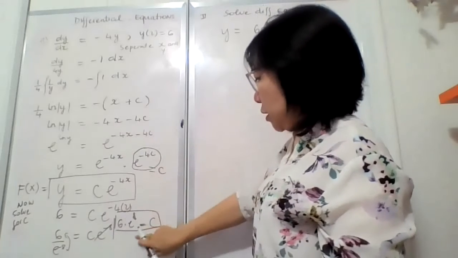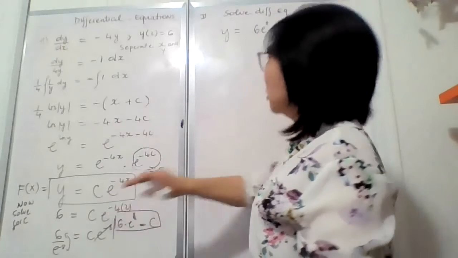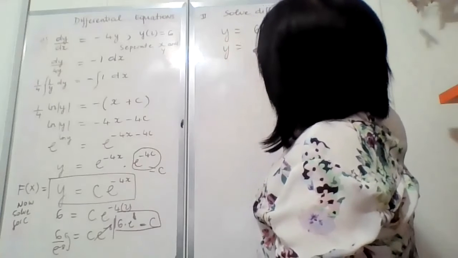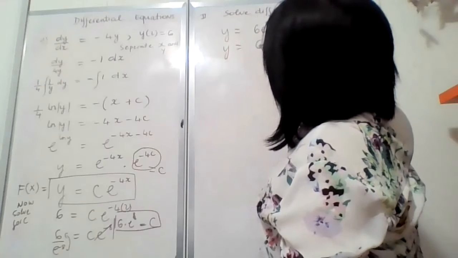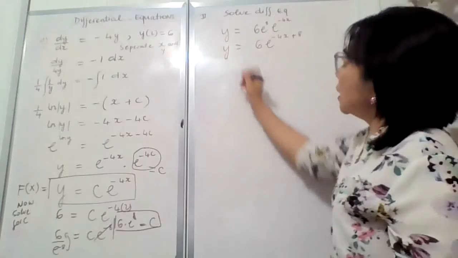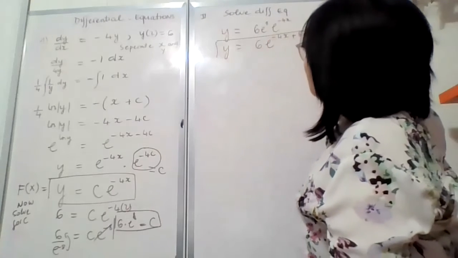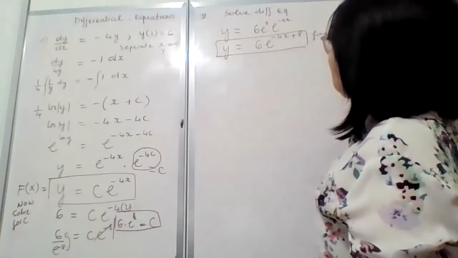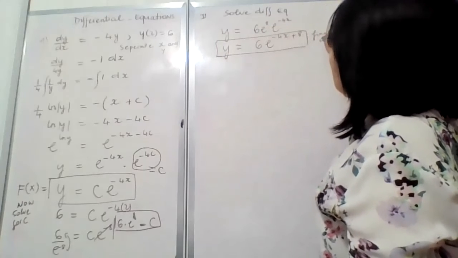We follow this and we substitute c to here. So now we can rearrange it again. It will be 6 e to minus 4x plus 8. So that's how we're done. We solved it. This is the final answer.